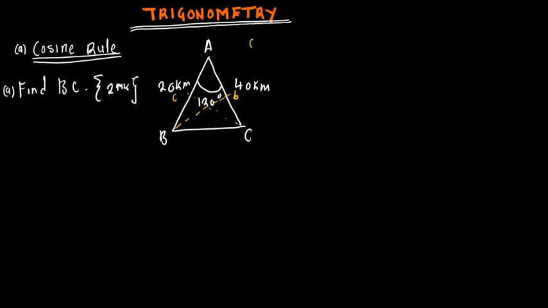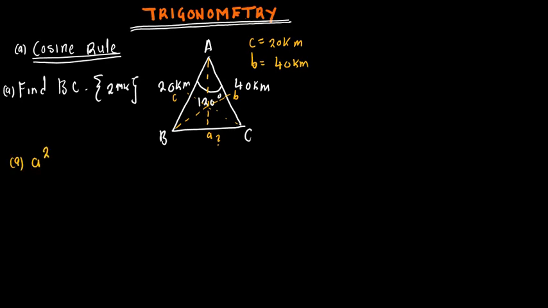So automatically you can tell that c is equivalent to 20 kilometers, then b is equivalent to 40 kilometers. Just draw those lines and everything becomes simple. Now, the distance which we are looking for is a. We don't know this distance. So which formula amongst the three are we going to use? Okay, you got it right.